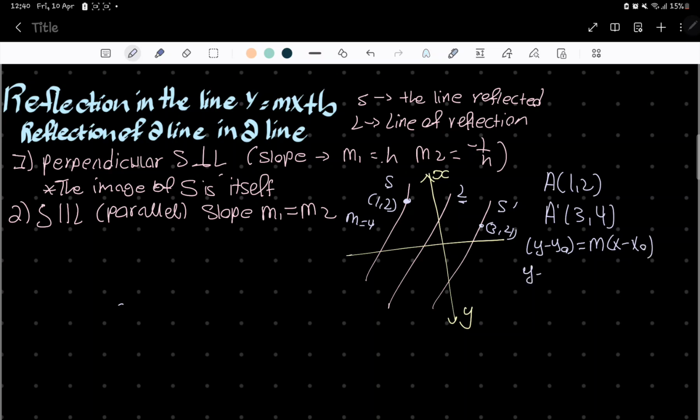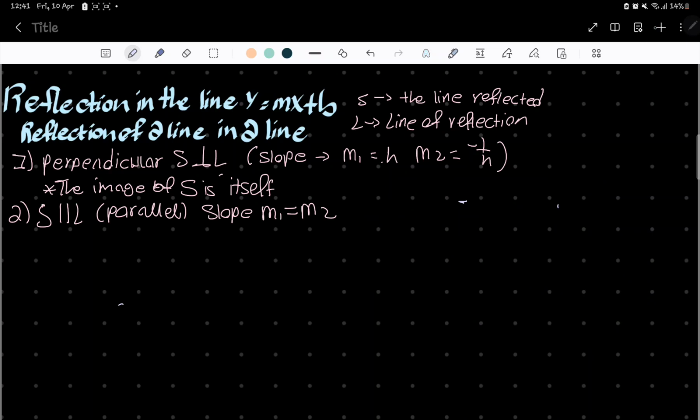Here the point is 1, 2, so y minus 2 equals 4 times x minus 1. So y minus 2 is equal to 4x minus 4, and when we calculate this, it gives us y equals 4x minus 2. So this is the equation of our line. Most of these two cases are pretty theory based, but you can do practice problems on your own since they're very simple.